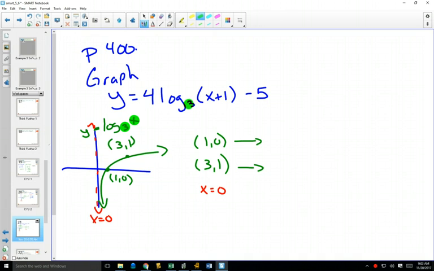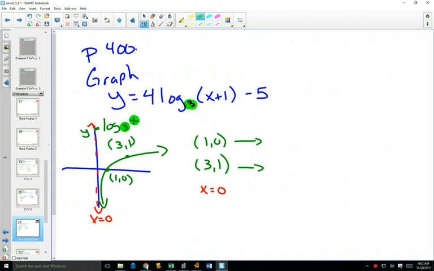So that means that this base of 3 right here does not affect any transformations. Some of you might have been tempted to think of that as a horizontal compression and say, I want to multiply all my x values by a third because I see a 3 when I move from left to right. So we have to be careful to say, that's part of my parent graph. It's not going to affect any of my transformations.